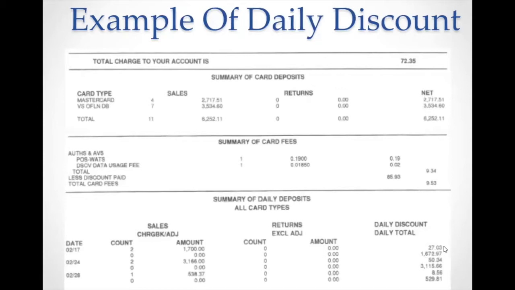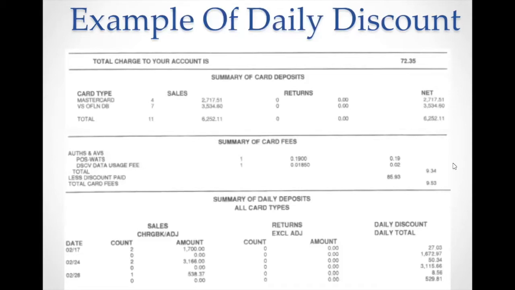That $27 is the fees that were held that day, right? So they ran 1,700, but they only got that much. They ran 3,166, but they only got that much. And you could do it down the line, 538, they were only deposited 529. So most people on daily discount don't know about this. Some of them do, but most don't.